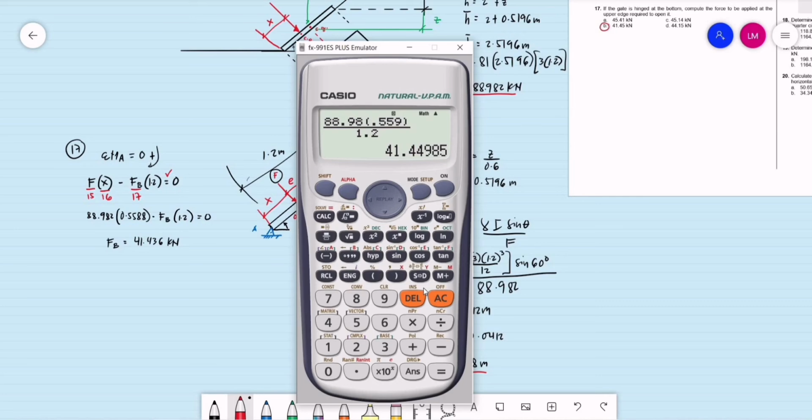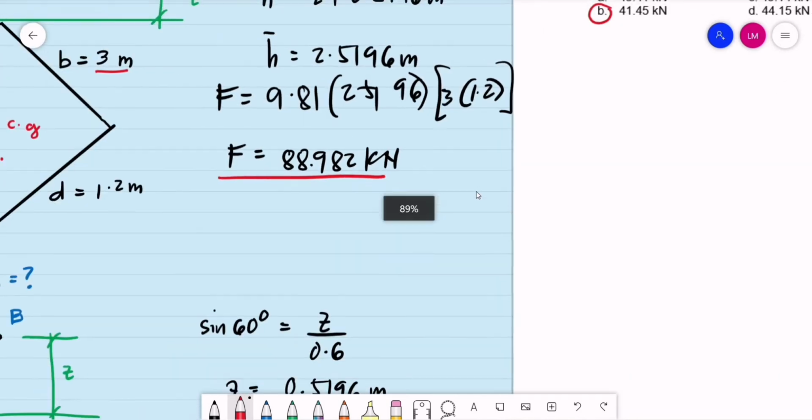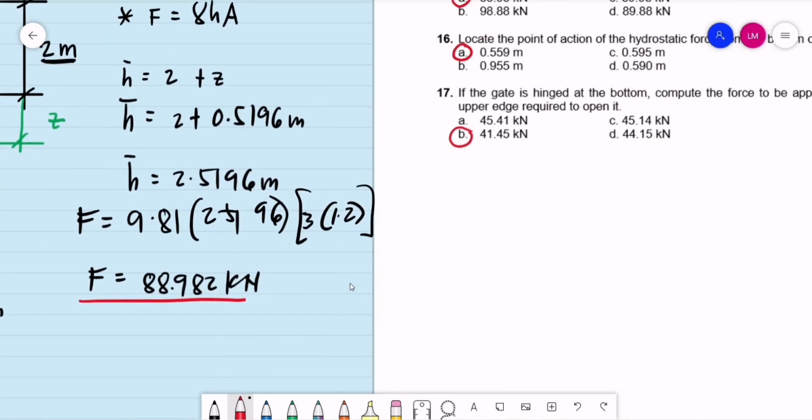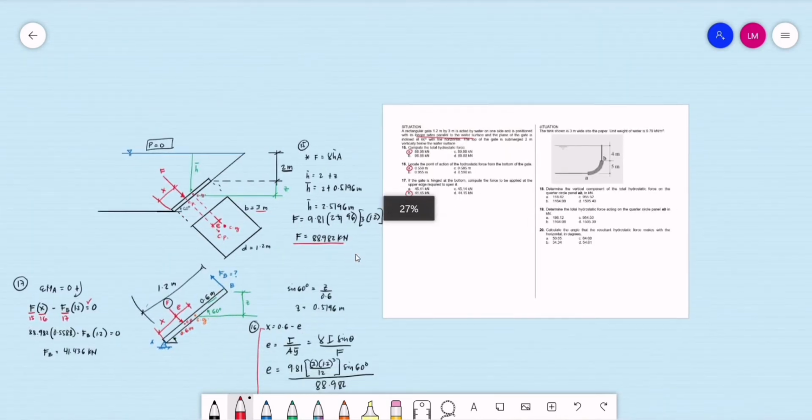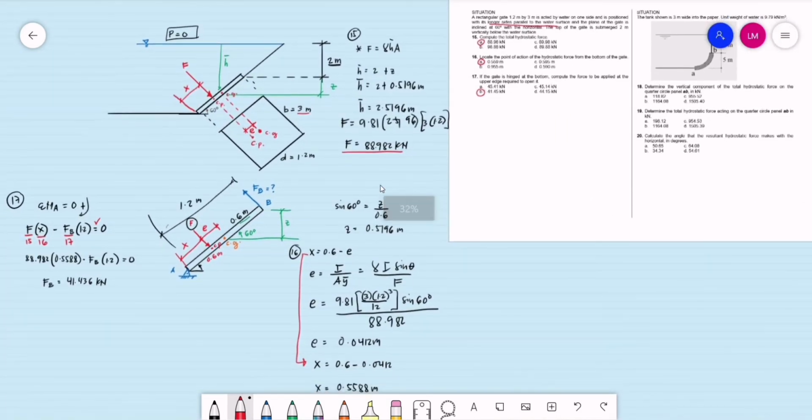Yun yung 41.449. So approximately 41.45 yan dito sa number 17. So this will be our solution for problem 16 to 17.